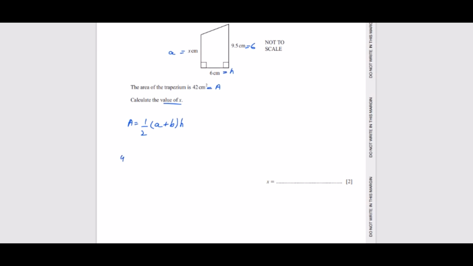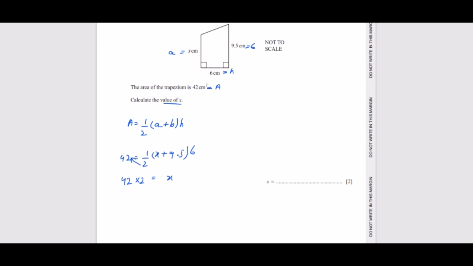So area is 42. 1 by 2, A is x plus B is 9.5, height is 6. So if we move the 1 by 2 to this side, it will be multiplied: 42 multiplied by 2.